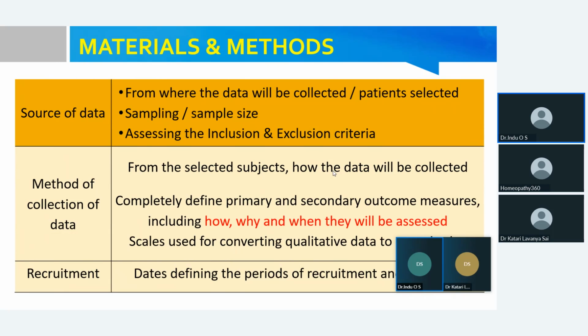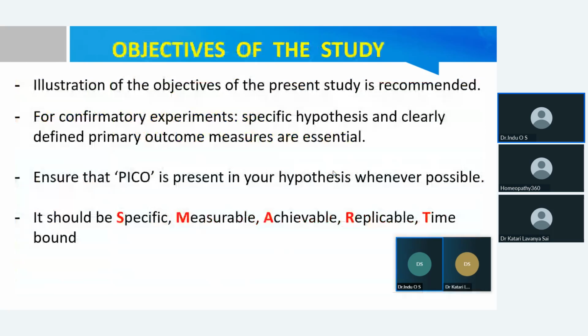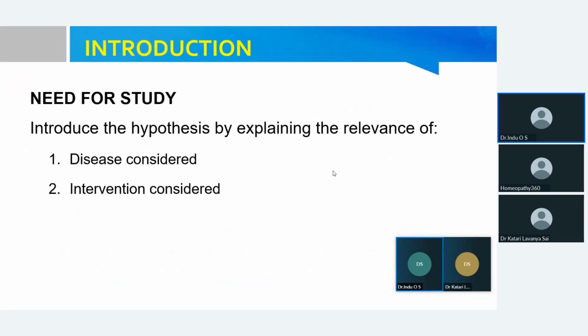So the majority of the population affected with simple myopia may refuse to use spectacles for daily use. So the only option is surgery. Surgery may be costly and everyone can't afford it. So that is the importance of this particular topic in the present scenario. And why homeopathy is effective means we have to give the justification for the particular intervention we are using. Okay, so that comes under the need for the study.